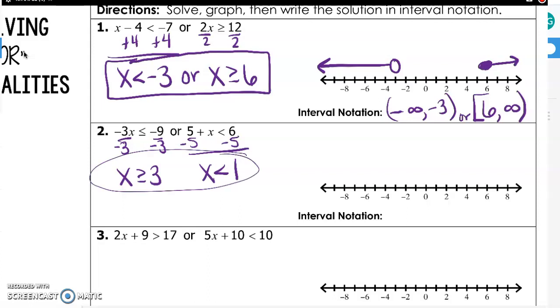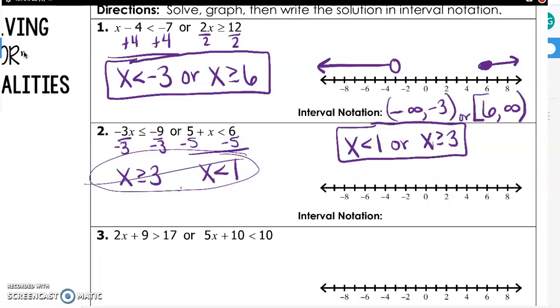Those two need to be flipped around. Your smaller number and your less than sign always goes on the left. You need to write these in the same order that it is on your graph. So your actual answer needs to be x is less than 1 or x is greater than or equal to 3. This is your final answer, not that one. You need to rewrite it.